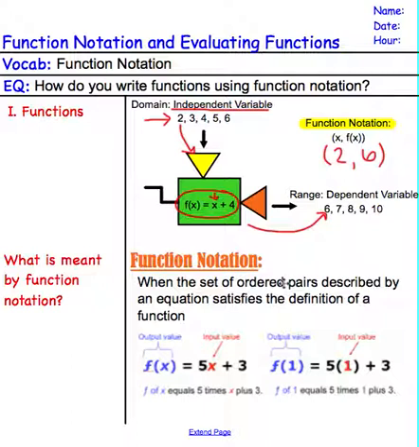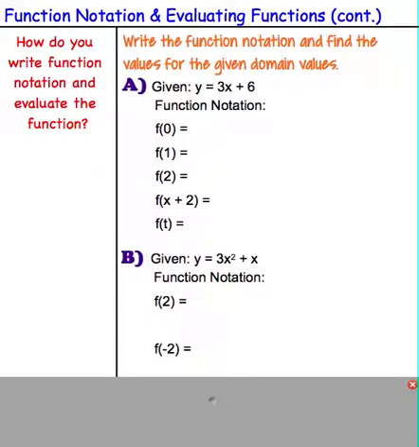If we put in 1 for x, which would be f of 1, we'd take 5 times 1 plus 3 to get our value of 8, which would then give me an ordered pair for function notation of 1, 8.